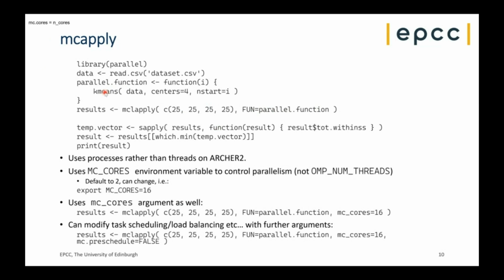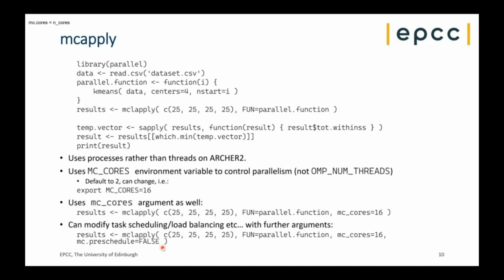And if you just split those up into even blocks across all your workers, you could have some workers finishing before other workers, and there we don't get what we would call a nicely load balanced configuration, and that's less efficient than we'd like, because we can have some resources sitting empty whilst others are still running. And so mclapply gives us functionality to look at some of those kind of things.